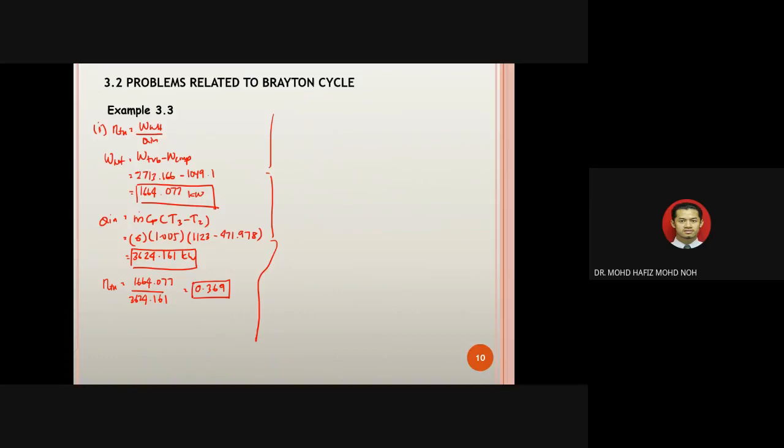Net work output, W net, is W turbine minus W compressor, which is 1664.077 kilowatt. Okay, I think that's all.